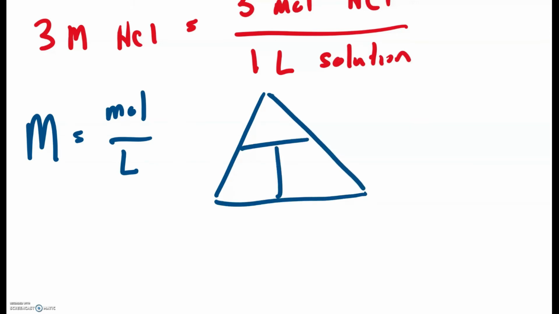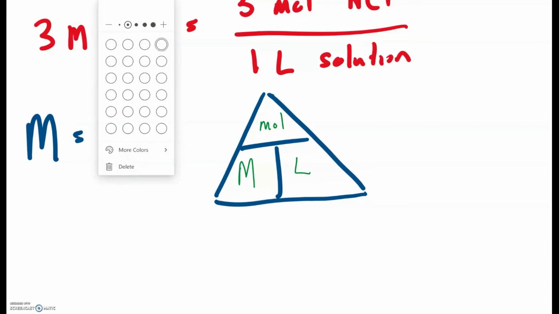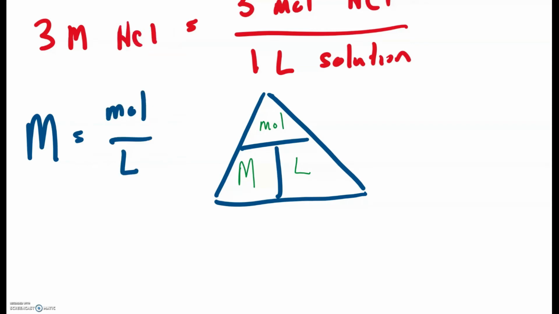A good way to do that is with what we call a devil's triangle. And you've probably seen one before. If I was going to ask you to calculate molarity, you'd say that molarity is equal to moles over liters.